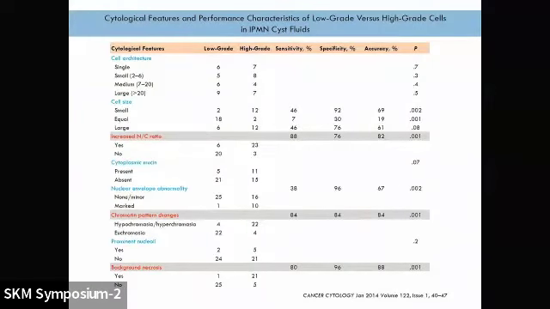This is a paper that came out initially where they looked at the differentiating features of low-grade and high-grade mucinous epithelium in IPMN. It was published by Dr. Pitman, who is a well-known figure in pancreatic cytology from Mass General Hospital.